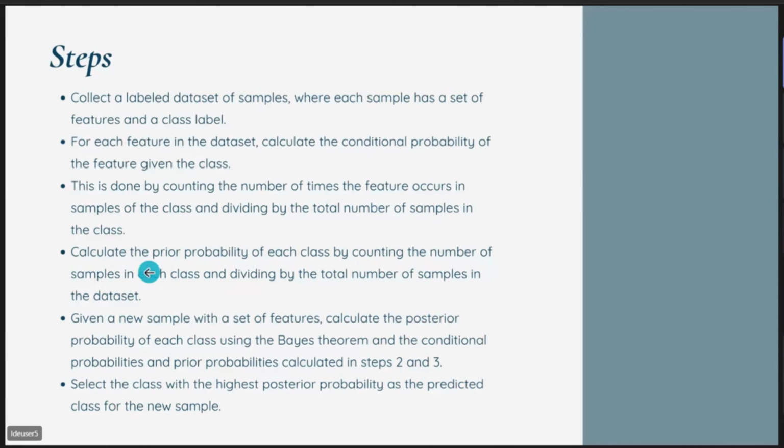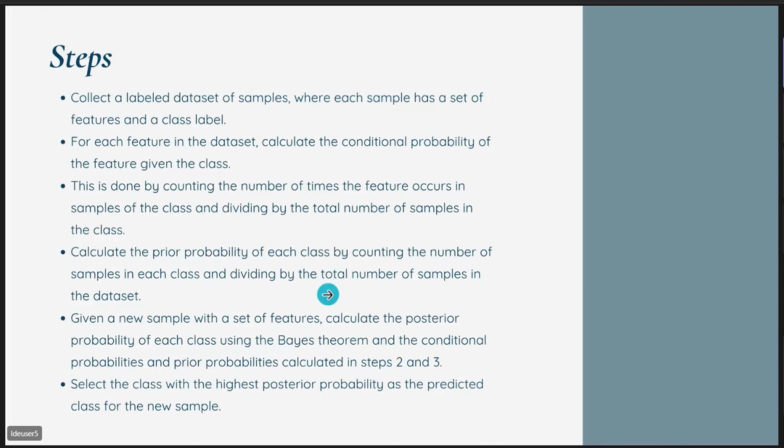Okay. So once you're done finding the conditional probability of each feature, you calculate the prior probability of each class. Okay. So this is done by counting the number of samples in each class and dividing by the total number of samples in the data set. Okay.